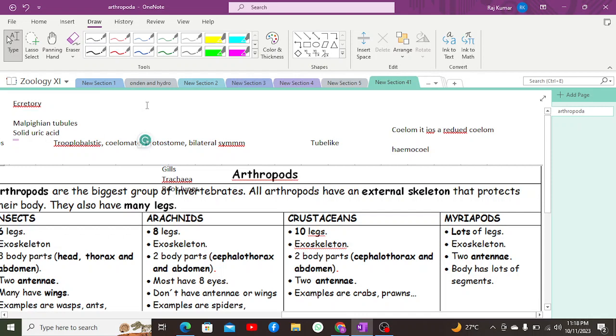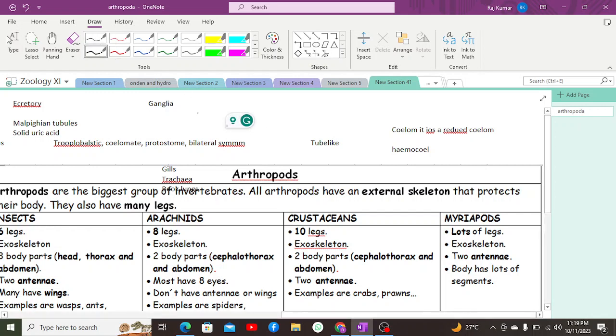Secondly, the nervous system consists of a brain, which has ganglia fused to form it.